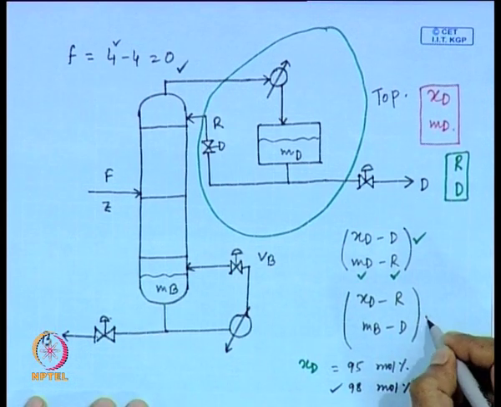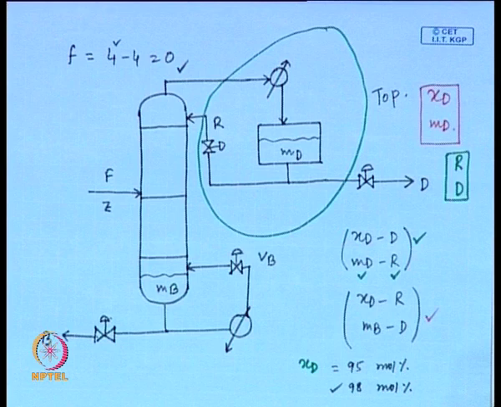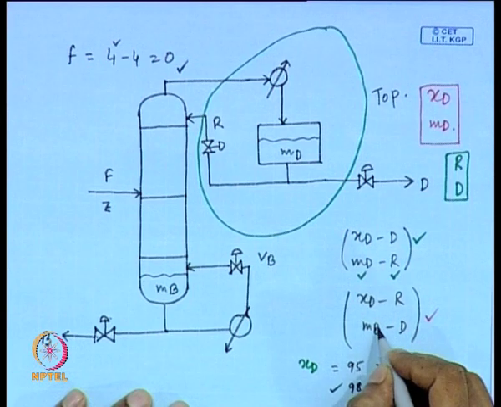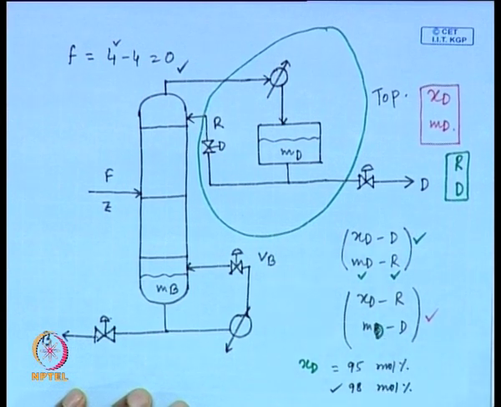Because we are not allowing the stream to leave the process, we are treating it again in the process, so some improvement can be achieved. So, x d versus d is not a good option, and the second option gets preference, I mean x d versus r, and this is not m b, this is m d. M d versus d is the best option among these two.